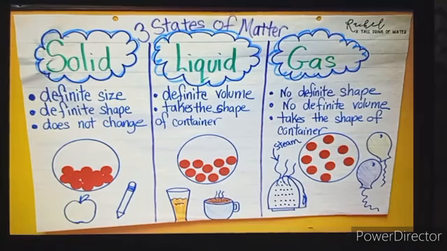Then we have discussed that solids generally cannot be compressed. The main reason is that solids, due to very small intermolecular space, cannot come closer to each other. Its intermolecular space is almost negligible.